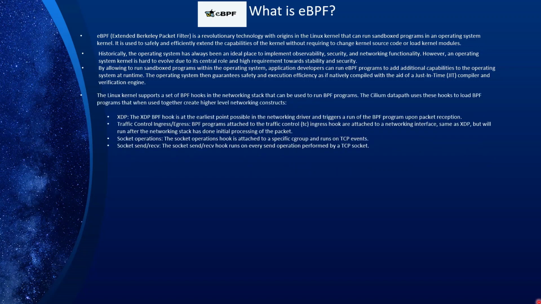And the way that it all happens is that the Linux kernel supports a set of hooks. So these are eBPF hooks that we can write custom code and attach to. And these applications are actually events. So these events are fired when something happens.